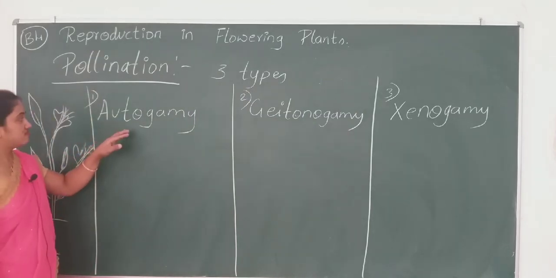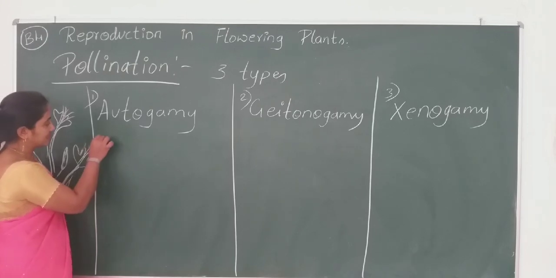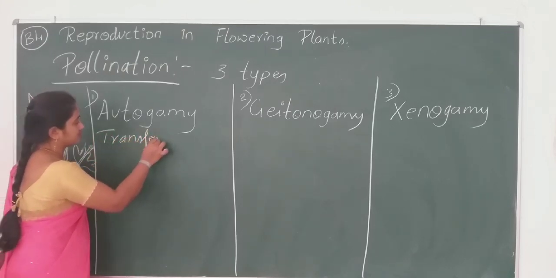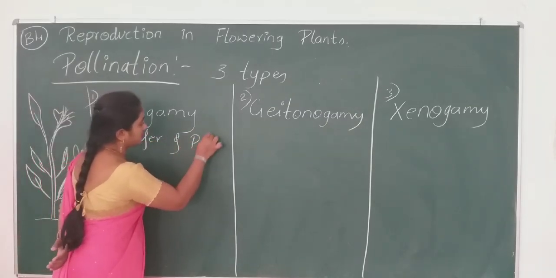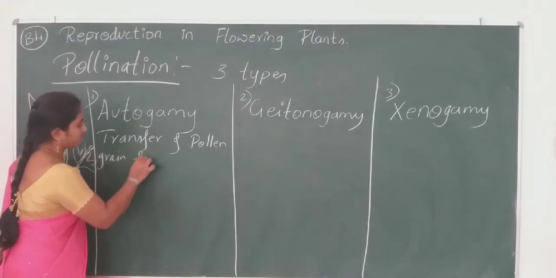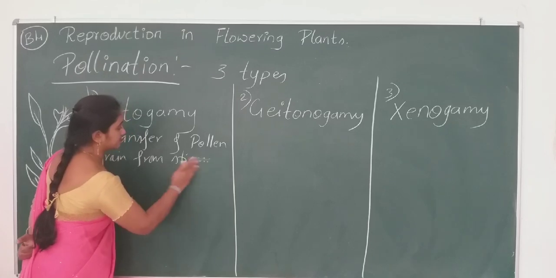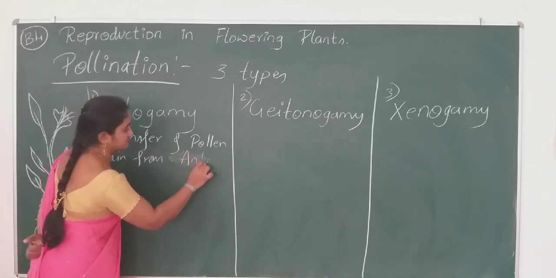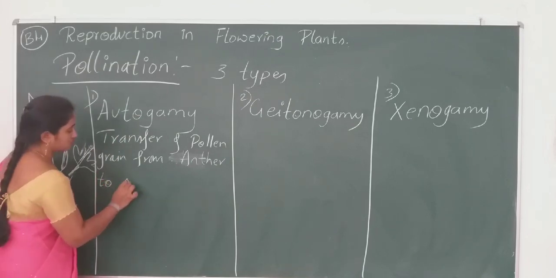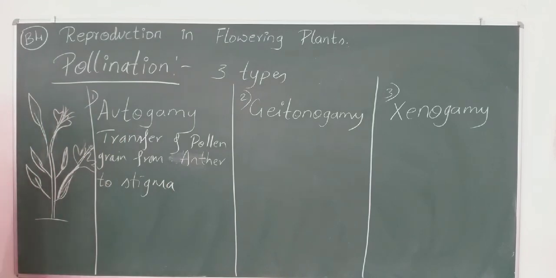First we will understand what autogamy is. Autogamy is nothing but the transfer of pollen grain from anther to the stigma of the same flower.